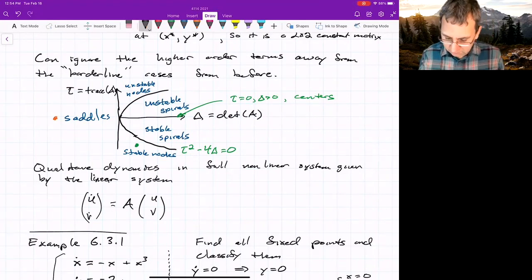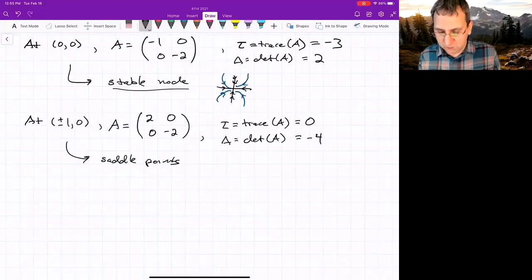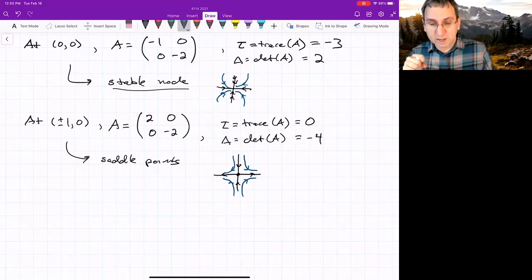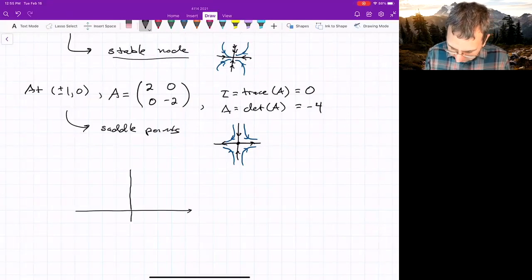So we're definitely within the saddle region. We've got saddles, and we know what saddle points look like as well. There's going to be some direction where things are leaving, and then some other direction where things are approaching, and all other trajectories follow one and then the other nearby. So we don't have borderline cases. That means in the full nonlinear system, this is the strategy: you want to piece together what's happening near each of these points.